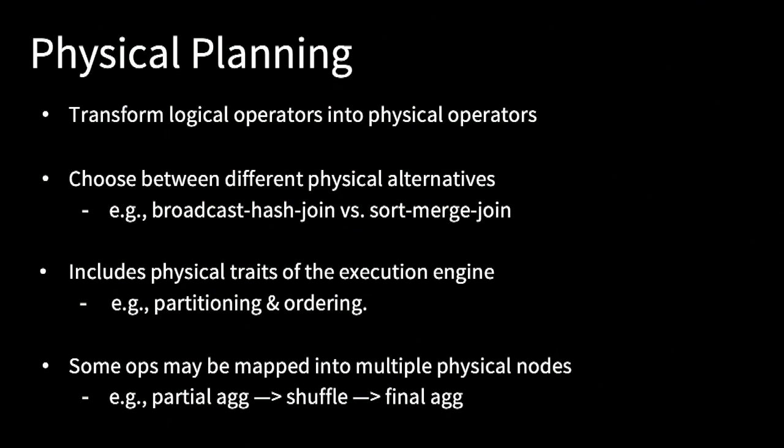As a result, a logical node can sometimes map into multiple physical nodes. For example, if we have an aggregate, we usually end up with 3 nodes: partial aggregation, followed by a shuffle exchange, followed by a final aggregation.